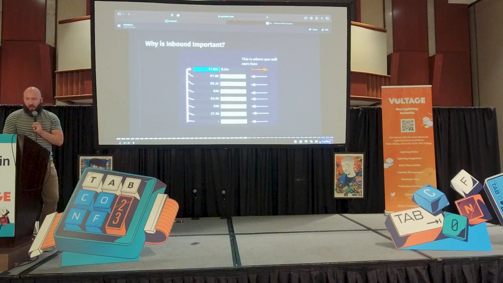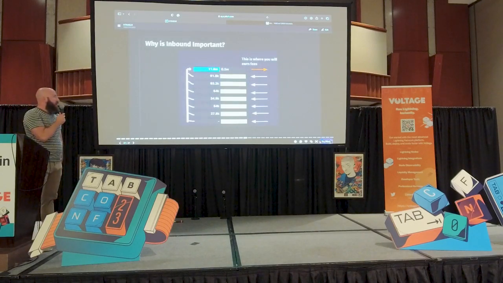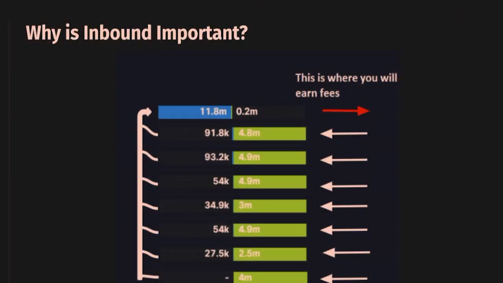Okay. Inbound. In this demonstration, the green represents inbound liquidity, the amount that they can receive, which means that peer on the right, whatever peer that is, allocated capital in that direction, and then the outbound. What's important to remember is that as of today, you can only receive routing fees when your channels go from outbound to inbound.